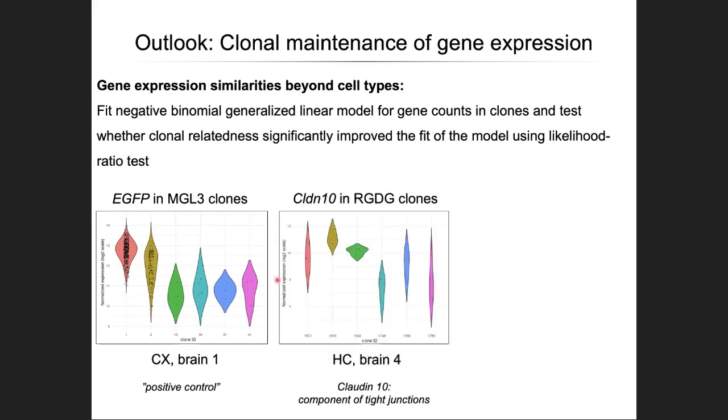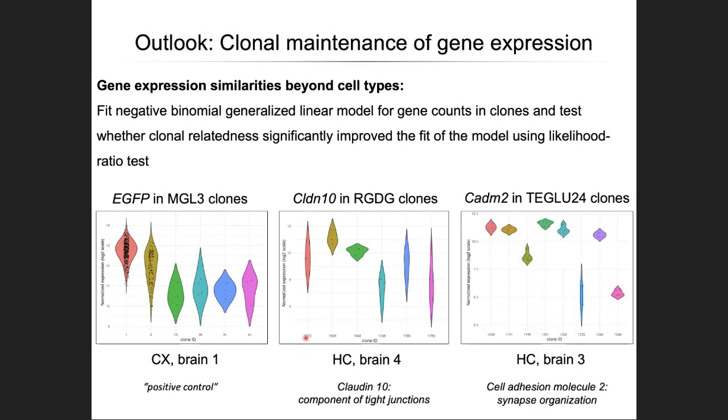Another gene that we find in these radial glia-like stem cells in the hippocampus is, for example, claudin, which is a component of tight junctions. And a final example is a molecule called cell adhesion molecule 2, which we see in, say, glutamatergic neurons in the hippocampus, and which seems to be clonally maintained between related cells.